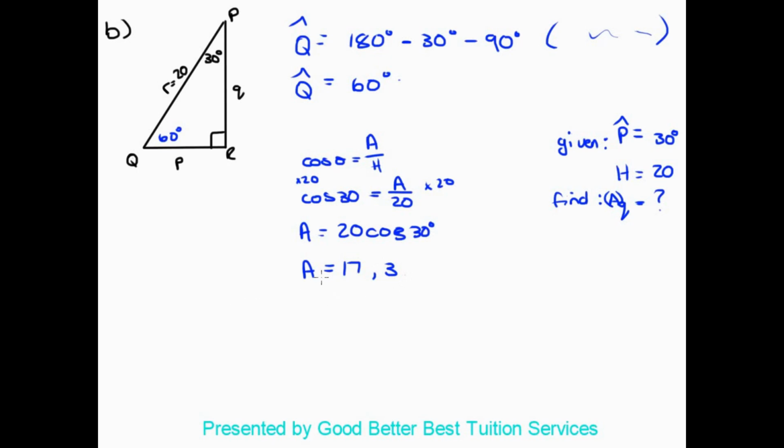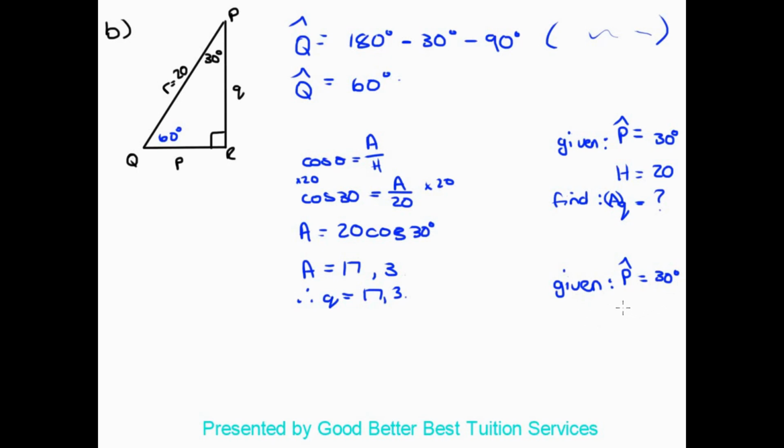And then lastly, before we actually finish that off, obviously they asked us to find Q, so we have to indicate that therefore Q is equal to 17.3, because Q was this adjacent side. Now we need to find P, which is this opposite side, okay? So we need to find P. So we can say once again, given, we can use the same angle once again, given angle P, which is equal to 30 degrees, and then also given, we'll use the hypotenuse once again.